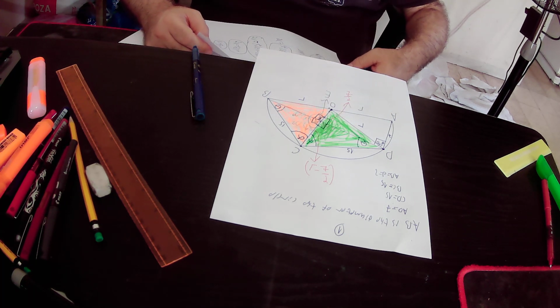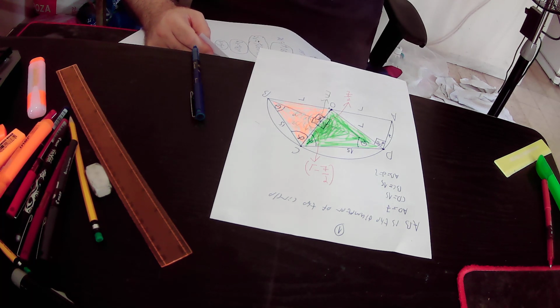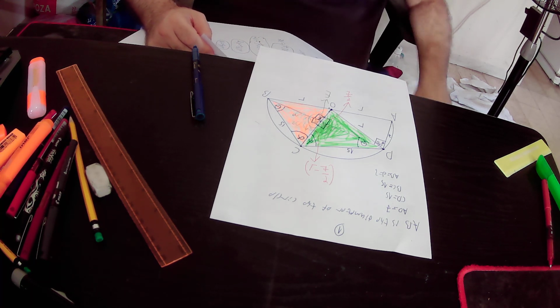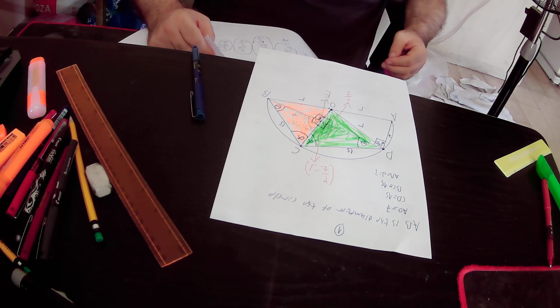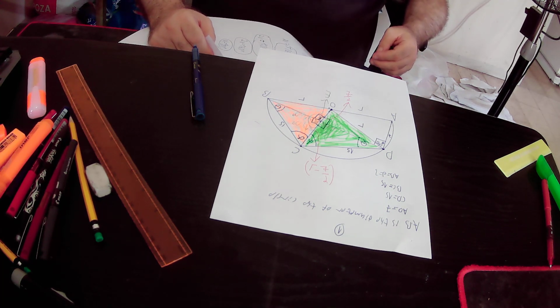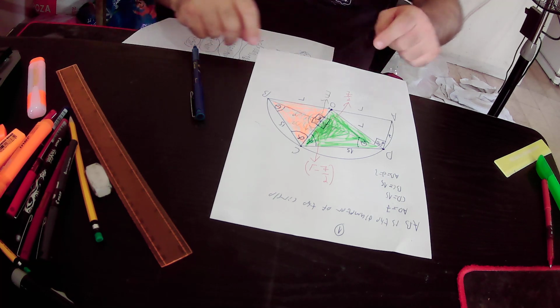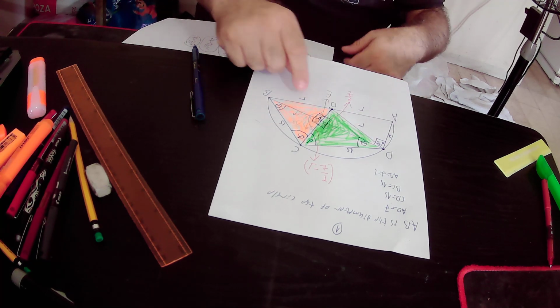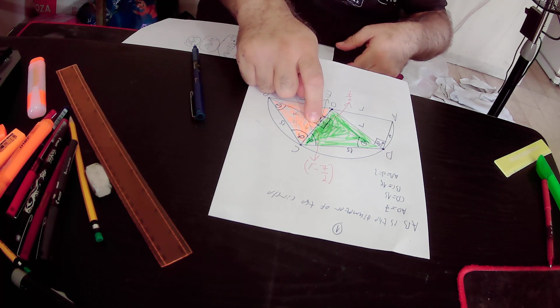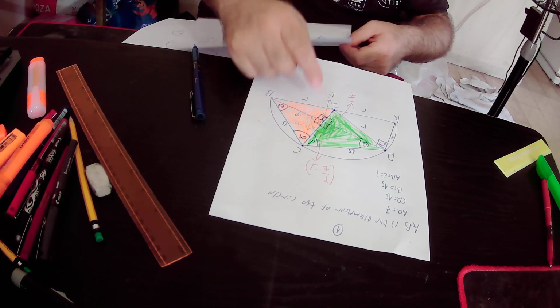According to the rule that states that corresponding angles in congruent triangles are equal to each other, those two angles are equal. We defined one of them as x, so the other one must also be equal to x.